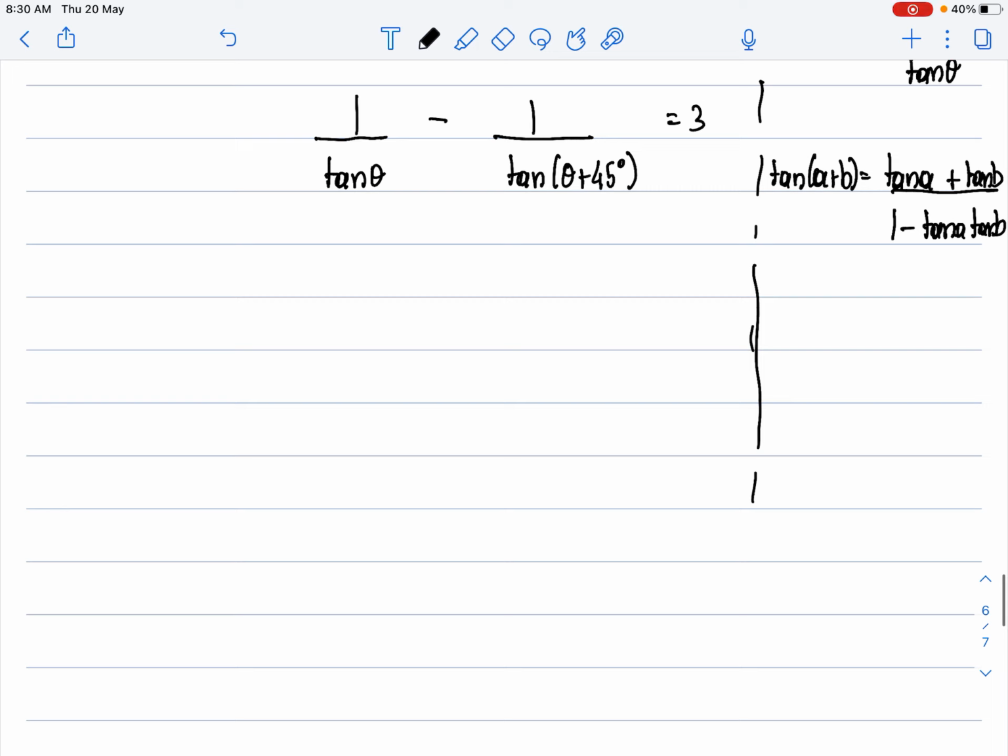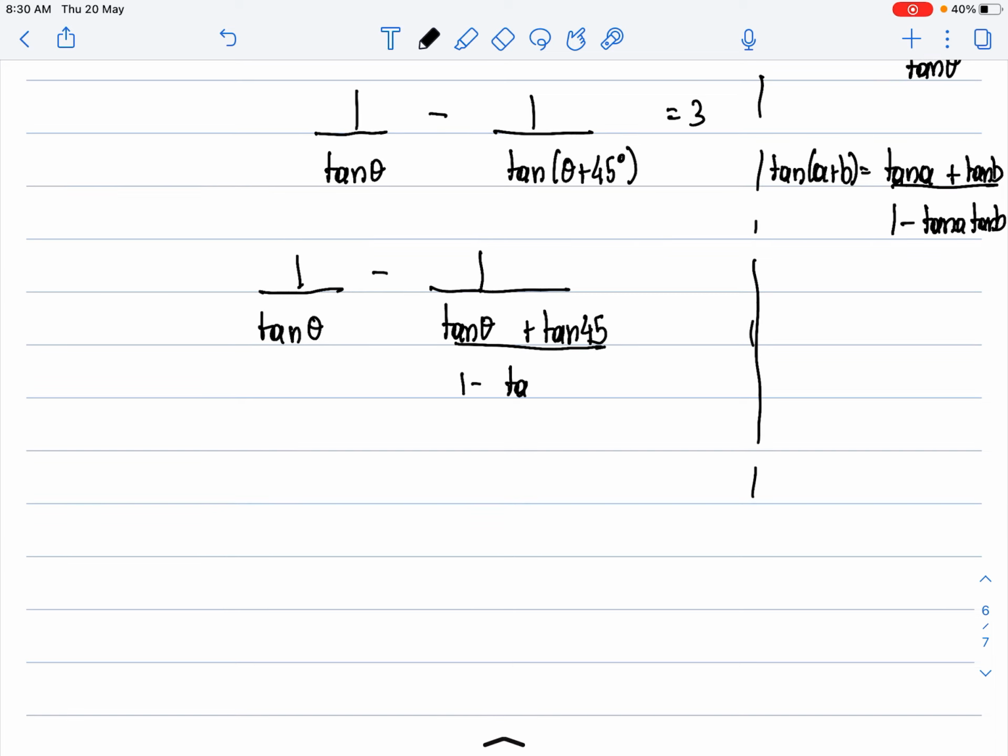So I can write this as 1 over tan theta minus 1 over tan theta plus tan 45 over 1 minus tan theta tan 45, which I know is equal to 3.